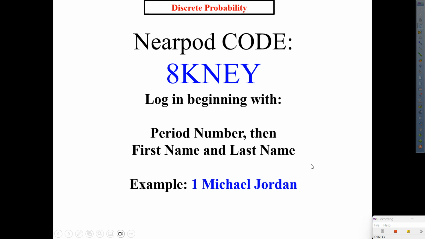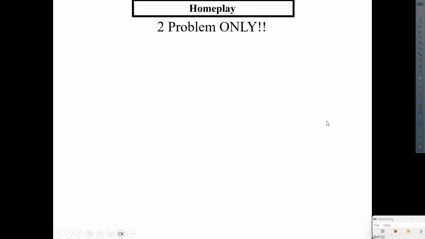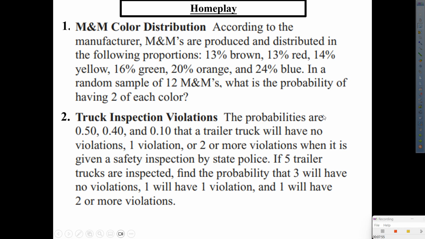Copy the code to access home plate, 8KNEY, 8KNEY, 8KNEY. All right. So, tonight's home plate is 2 problems only. They look like this. Check it out, Cole.